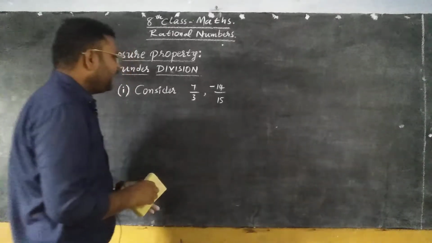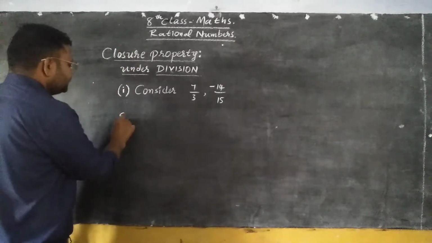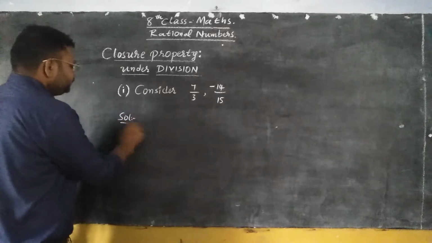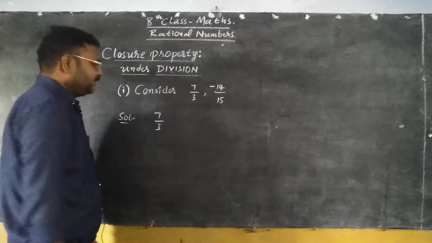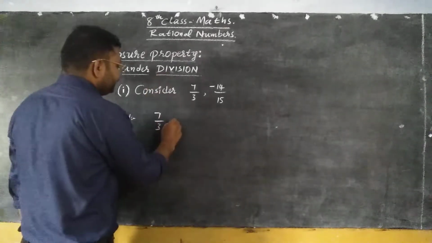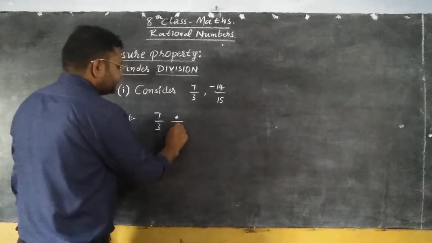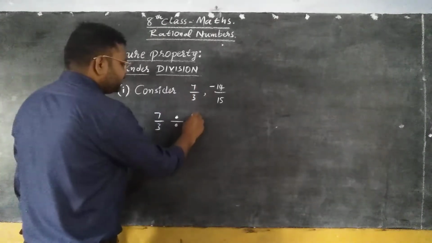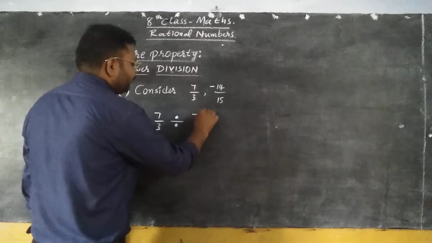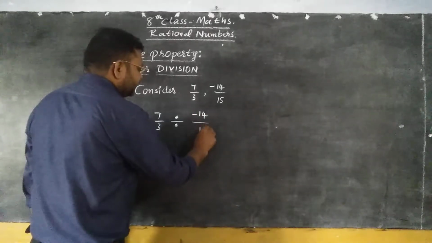So here I took one rational number, 7 by 3. You write 7 by 3 as it is. And for division, you use the symbol divided by. And the next fraction is minus 14 by 15.